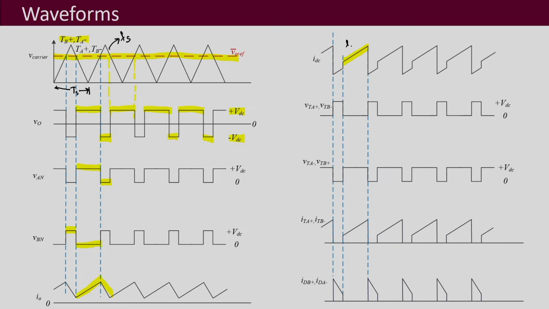IDC will be equal to IO, and whenever the other two diagonal switches are on, IDC will be equal to minus of IO, and that is what we observe here, that whenever TA plus and TB minus are on, this part is opposite of this part.